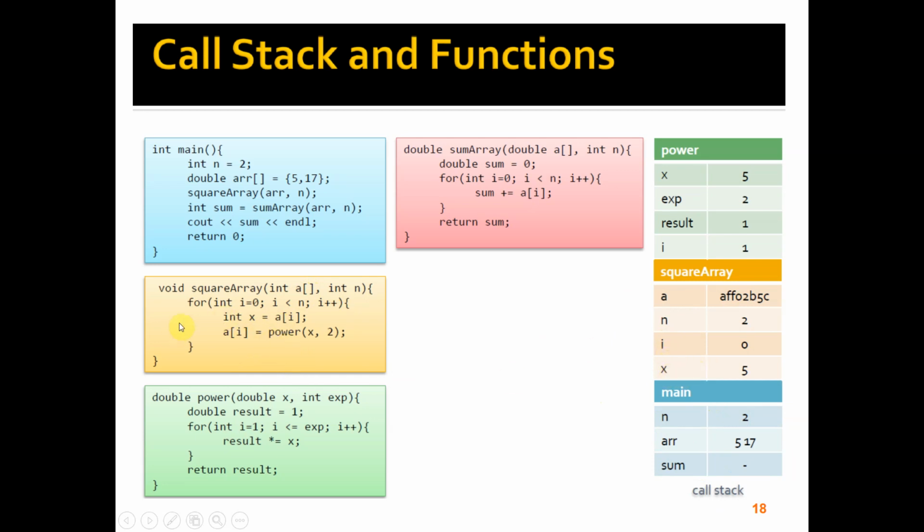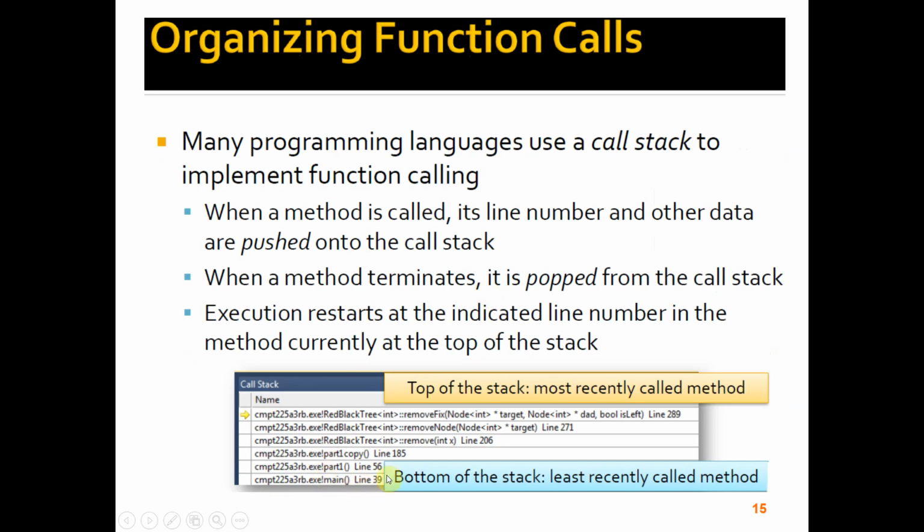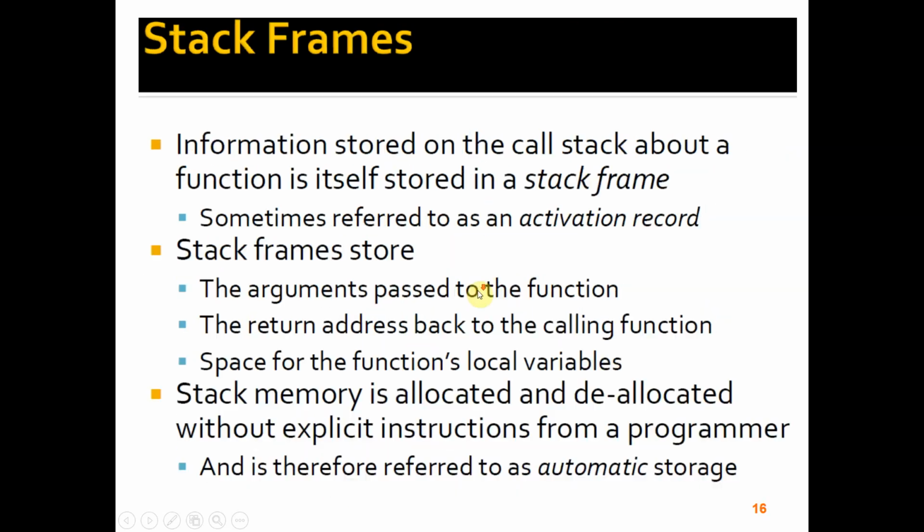Also, one thing that's not shown here is the address, or line number, of the call which happened in main. So you can see that the line numbers are also going to be stored there.